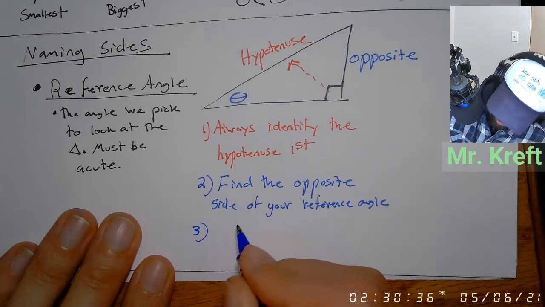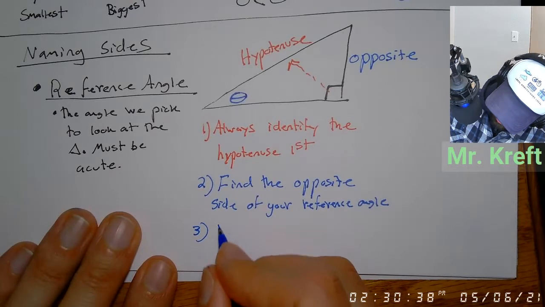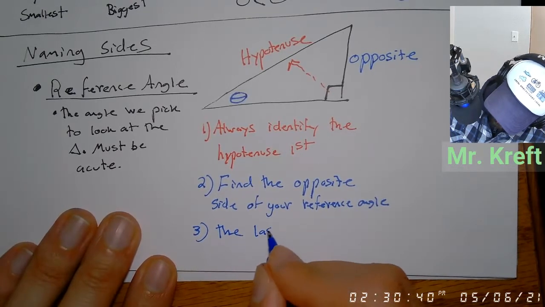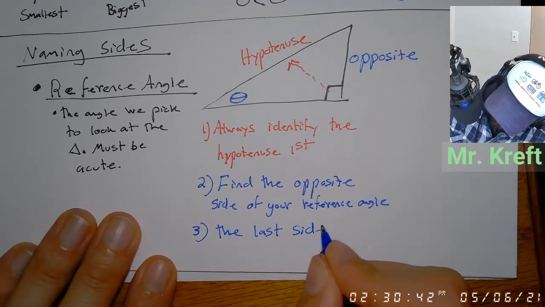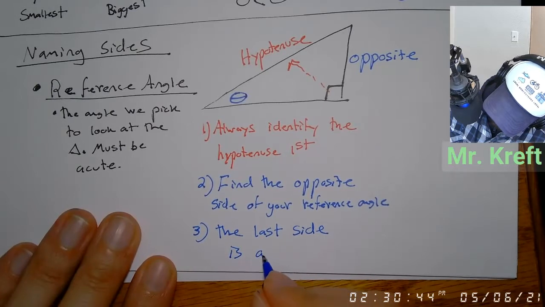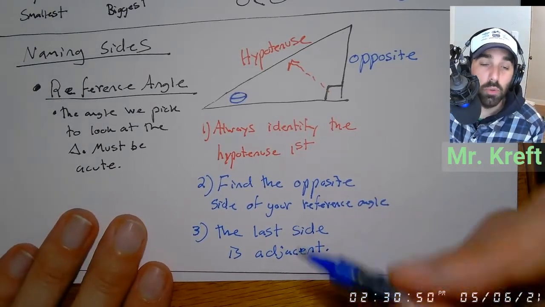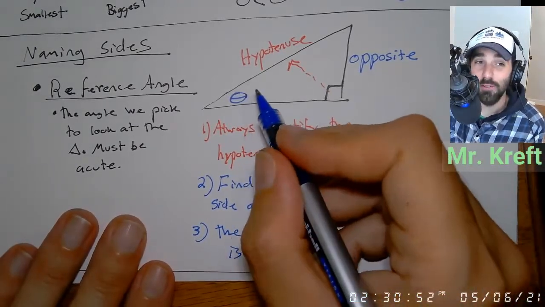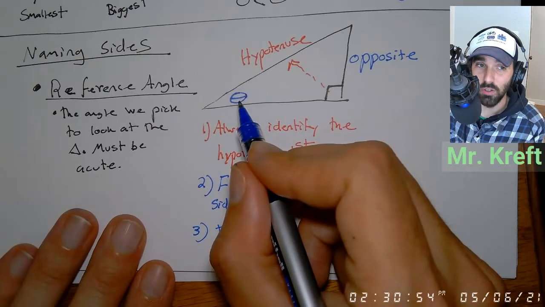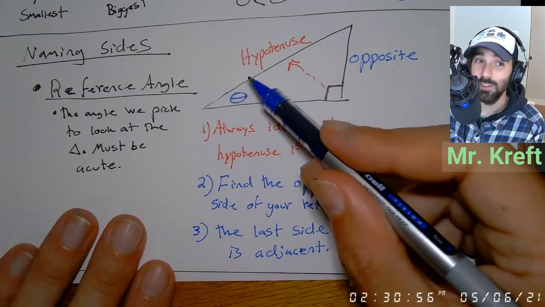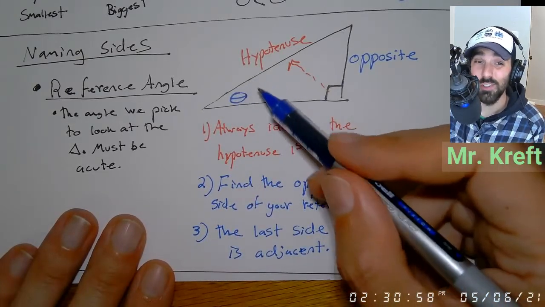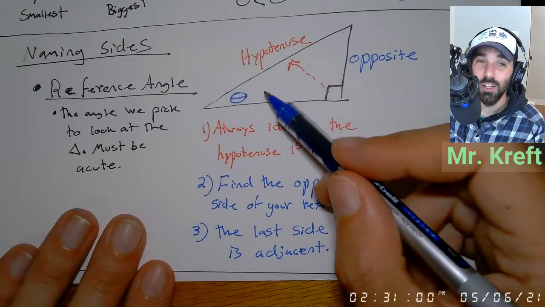Then the last side is your adjacent side. Now, why do we do adjacent last? Because if you look at this reference angle, there are actually two sides next to it, because adjacent means next to.